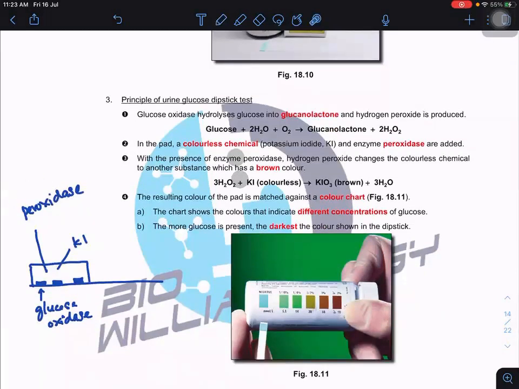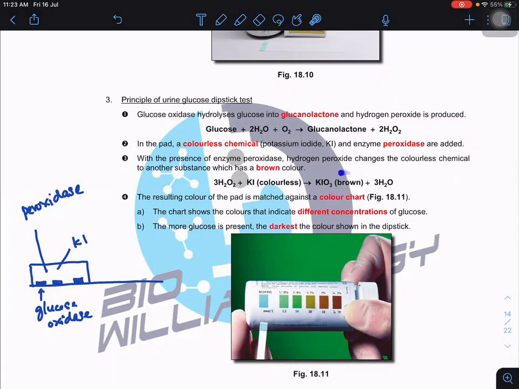With the peroxidase and KI, what will happen here is peroxidase catalyzes the reaction between the hydrogen peroxide and the KI, or potassium iodide, to get a brown compound. Are you clear?